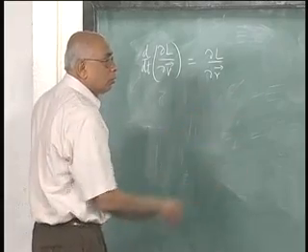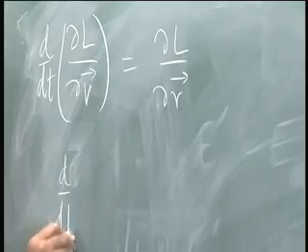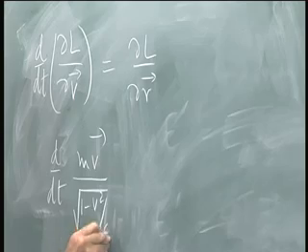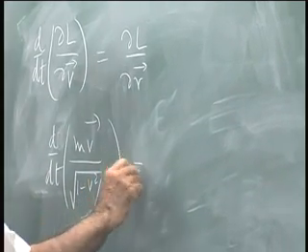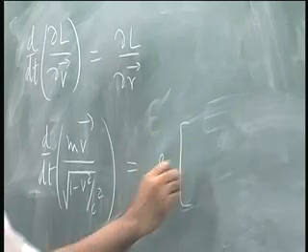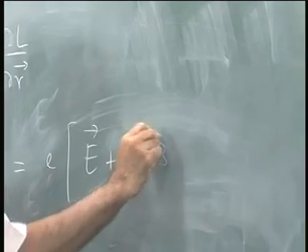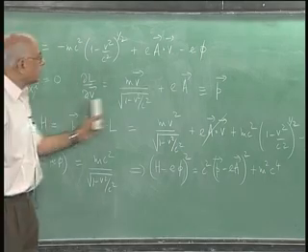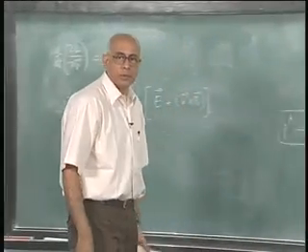So the next few steps would be identical to before, and the result is exactly what we got before, which is d over dt of mv over square root of 1 minus v squared over c squared is equal to e times the electric field plus v cross B. All this business about the total derivative with respect to time of A and so on is exactly as before, all the manipulations are exactly as before, and this is the equation of motion.